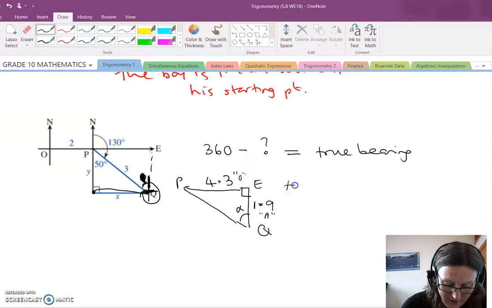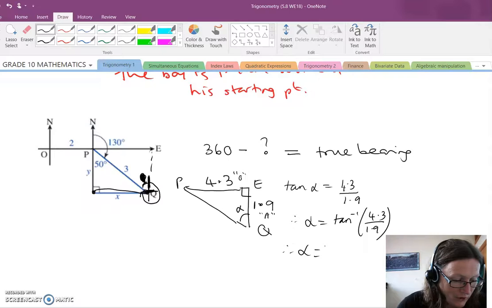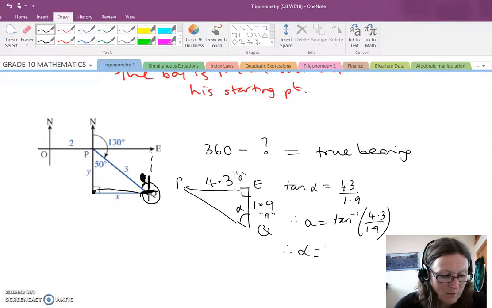So the tan of alpha is equal to opposite over adjacent. Then alpha is equal to inverse tan, opposite over adjacent. Putting that into my calculator, remember how I do that, is I go shift tan bracket 4.3 divided by 1.9 bracket equals, and I want to change that to degrees and minutes, so press my degrees.